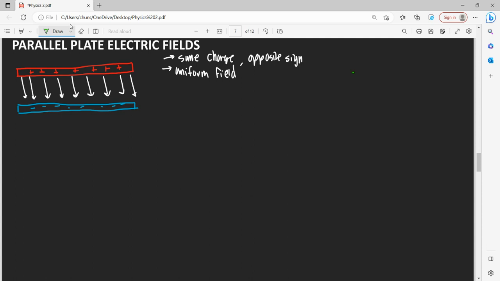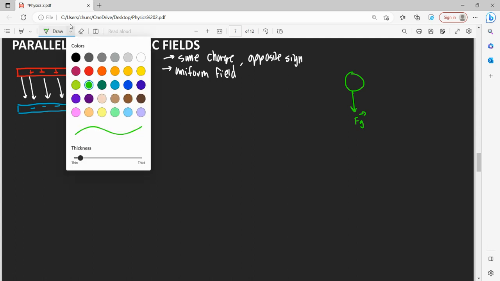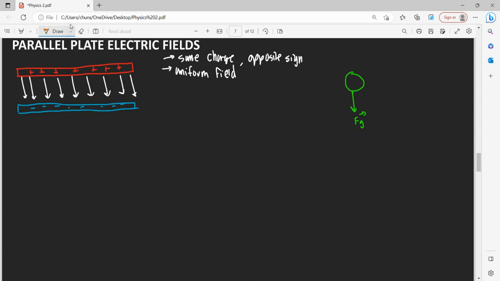So how would you do that? We know the force of gravity always wants to pull a particle down, right? So you would have to ensure that your electrostatic force pulled it in the opposite direction at an equal force.